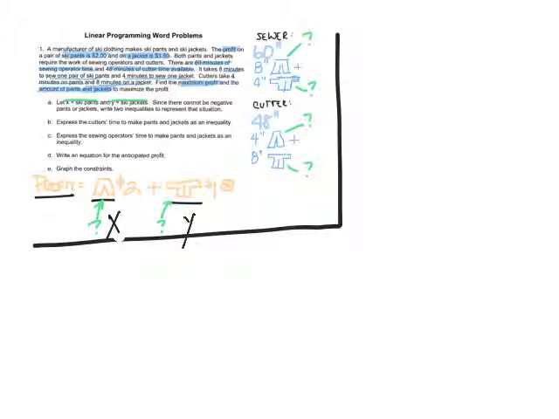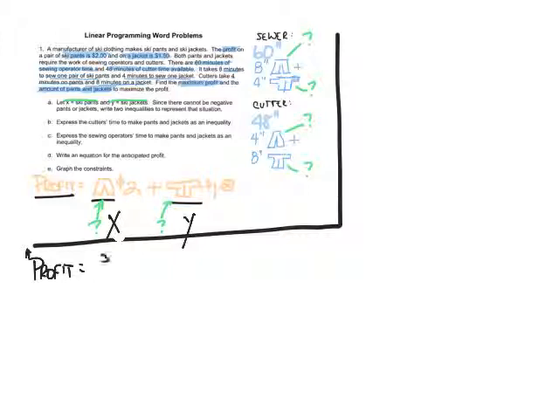So if that's kind of where we're headed, then let's look at setting up our profit equation. I mean, that kind of is the answer. We want to get out of this problem quickly. So profit is going to be $2 for a pair of pants. And the question is, how many pants can I make? And profit is in dollars.